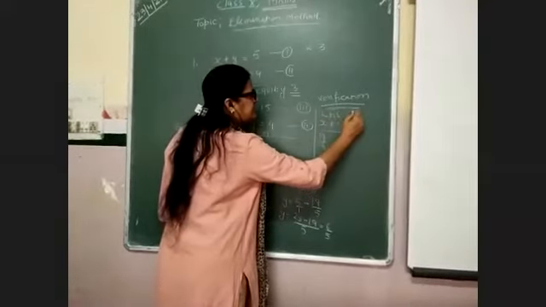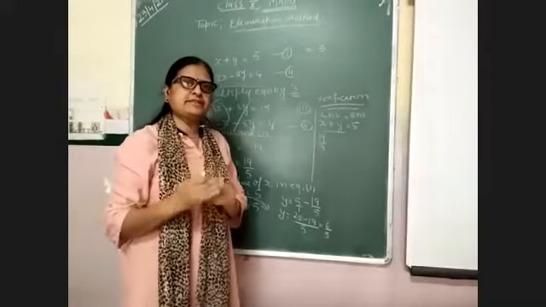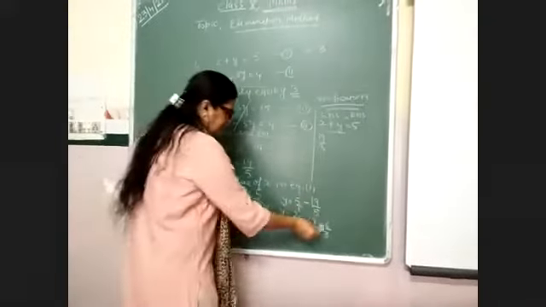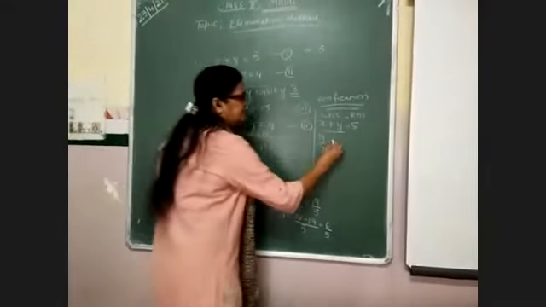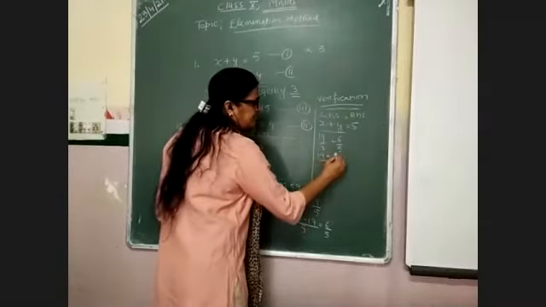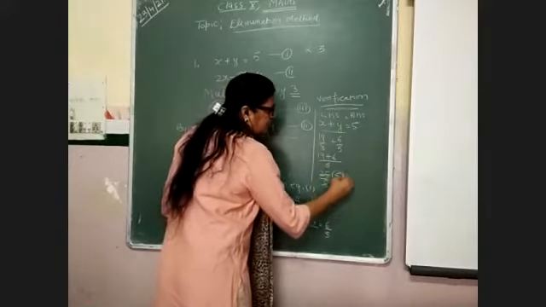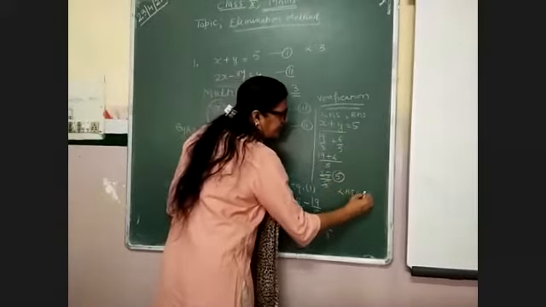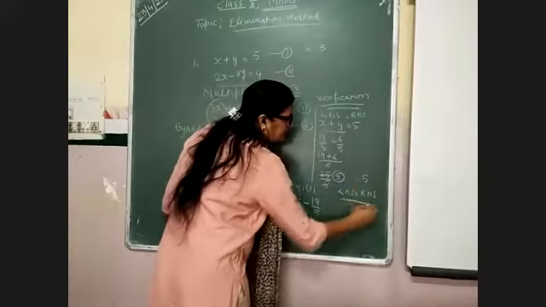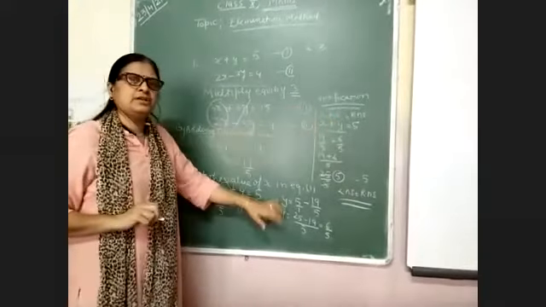When the left hand side equals the right hand side, then your answer is correct. Take the LCM: 19 plus 6 becomes 25 upon 5. So the left hand side is 5 and the right hand side is also 5. 5 equal to 5. This is your verification or check of your answer.